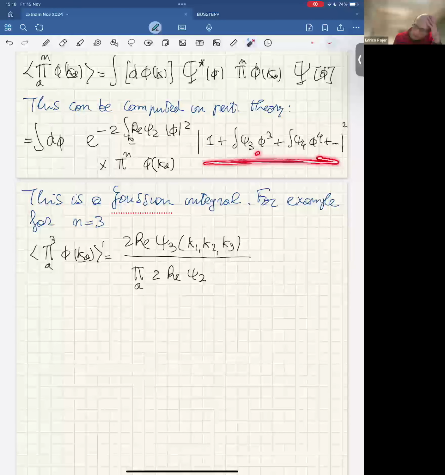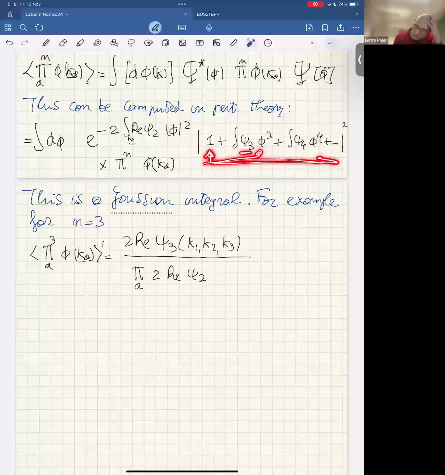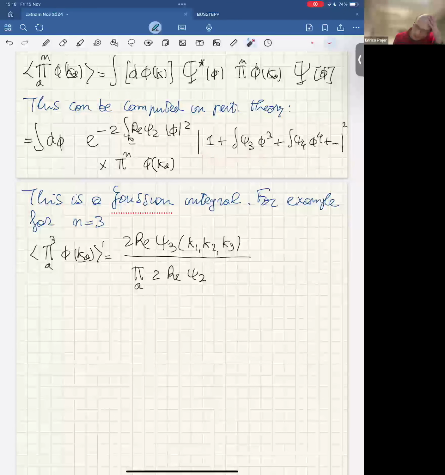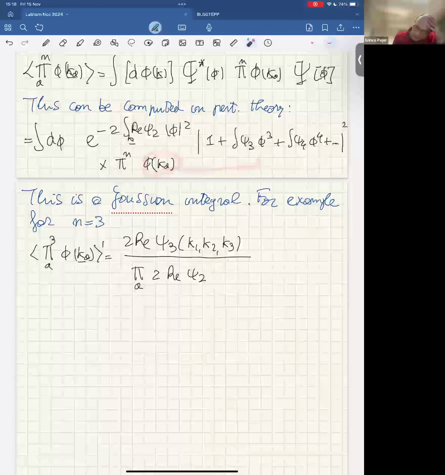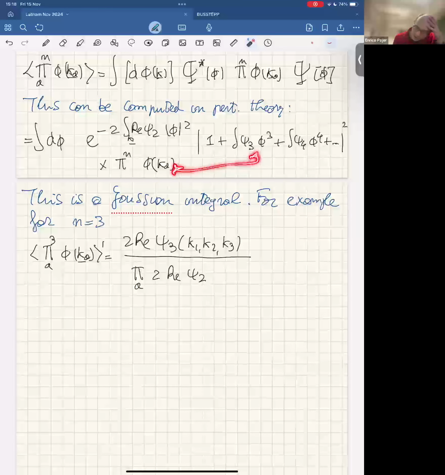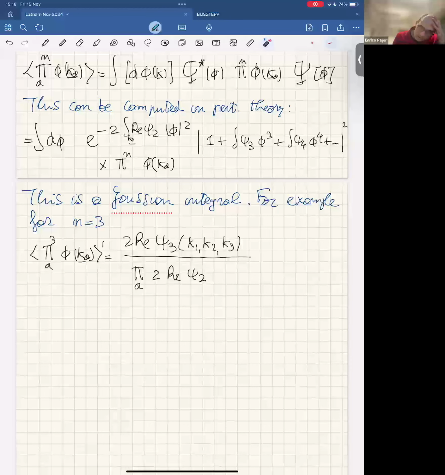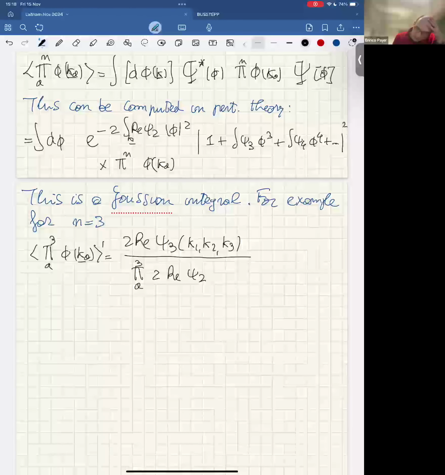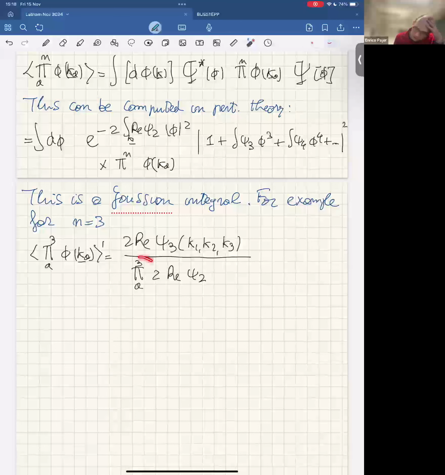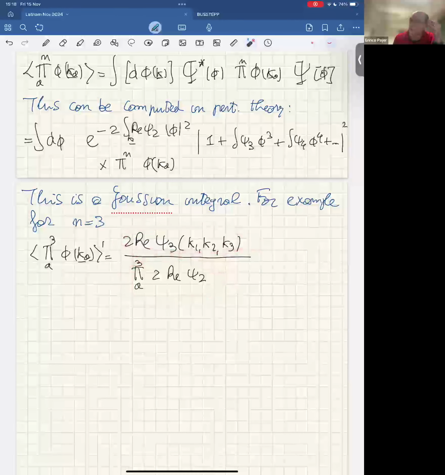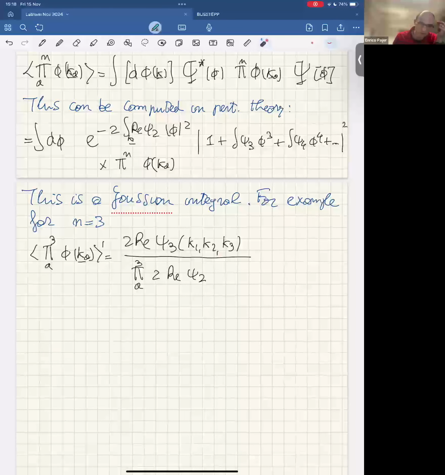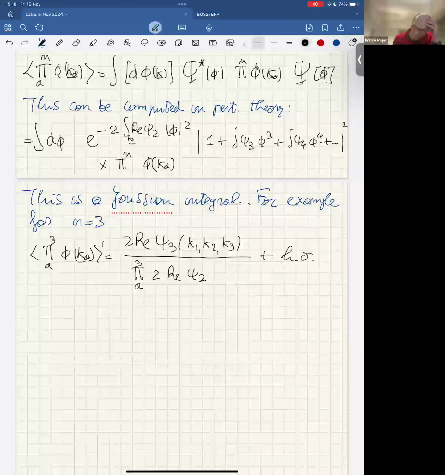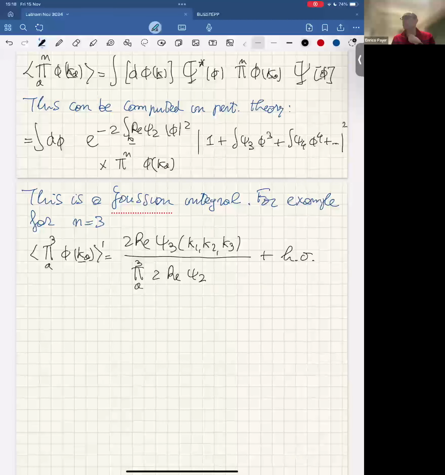In taking this square, it is this times this, which is psi 3 phi cubed, and then the other one is psi 3 star phi cubed. That's twice the real part of psi 3 times phi cubed, and here there are another 3 phi's, so there are 6 phi's, so that's 3 pairs. So 3 pairs means I get 3 powers of the 2-point function downstairs, and then I get twice the real part of psi 3. So that's the final result, plus of course higher orders, which I write as HO.